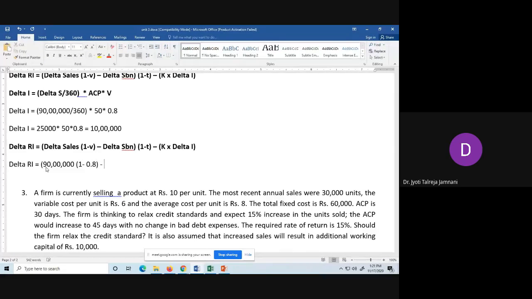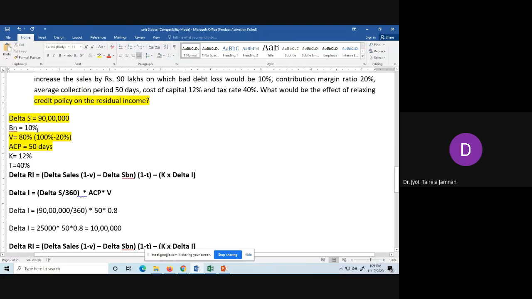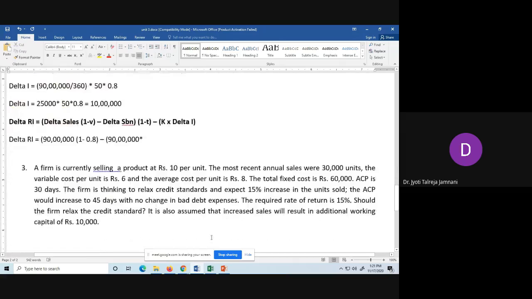Then you minus again delta S, which is 90 lakhs, into BN. BN is the bad debt proportion, which is given here as 10%. So we take here 10%. 10% means 0.1, 10 divided by 100. Then close this multiplication. Then you find 1 minus tax rate. Tax rate is 0.4.